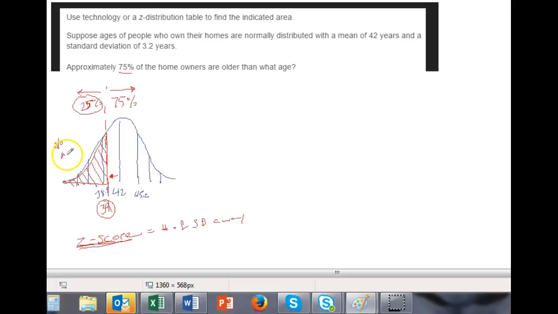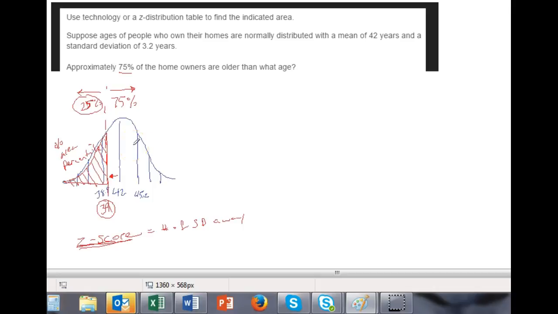Sometimes we refer to this as the area, because remember, this is a continuous probability distribution, and sometimes we refer to this as percentile. That's not the language used here, but it all means the same thing. This area is what percent is below this particular number, which is associated with the z-score, a measurement of the distance from the mean.